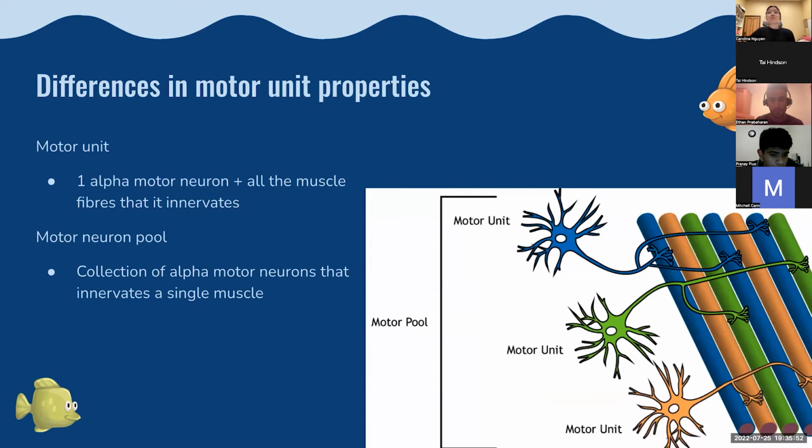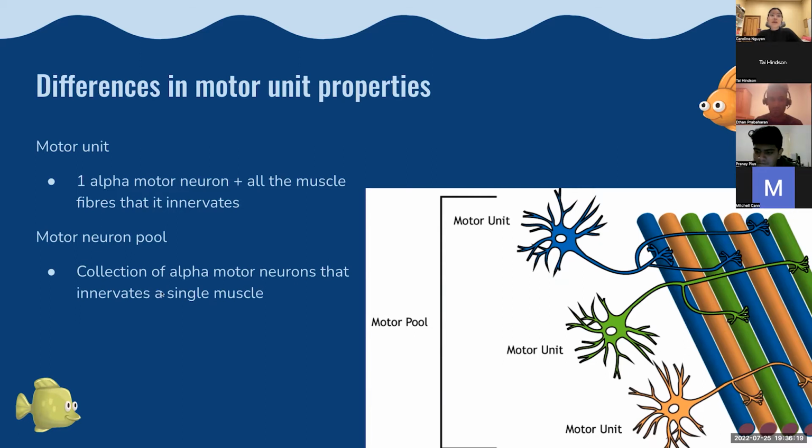Differences in motor unit properties. So you'll also need to know the difference between a motor unit and a motor neuron pool. Think of a motor unit as one neuron, and one neuron, like have a look at this blue one here. It innervates a lot of the fibers, this blue one, this blue one, this blue one. That's a motor unit, all of the ones that are associated with this nerve. Then you've got a motor neuron pool.